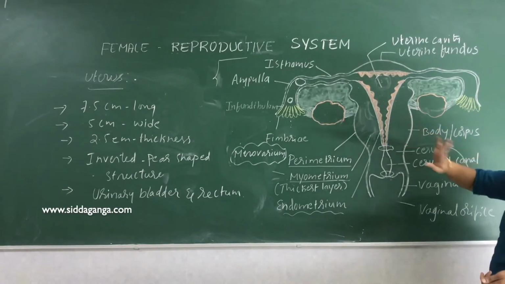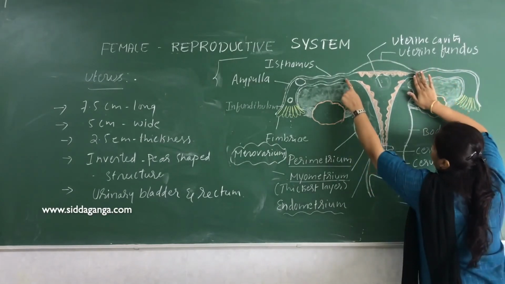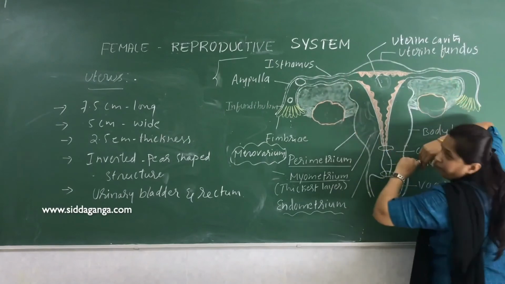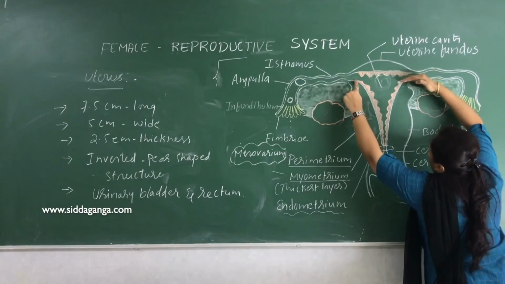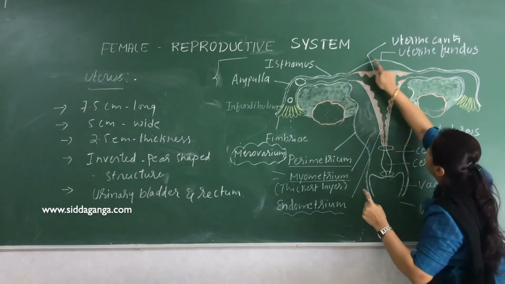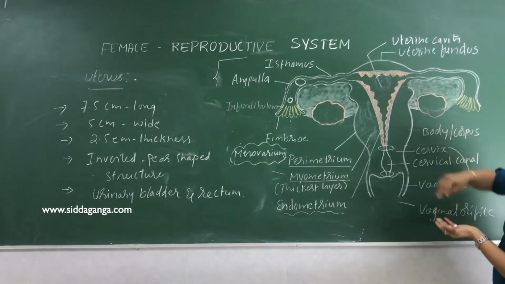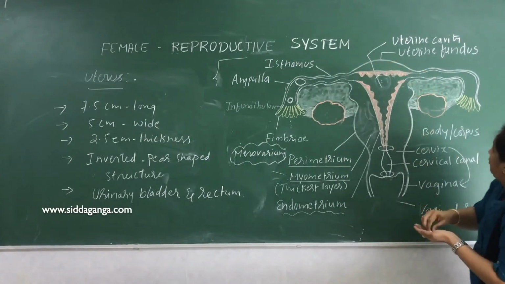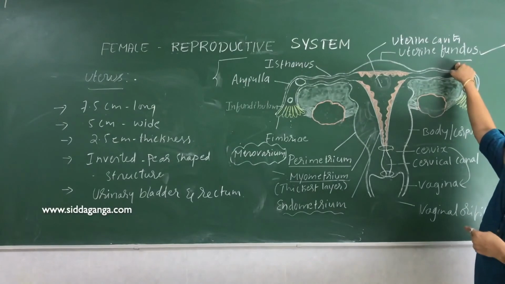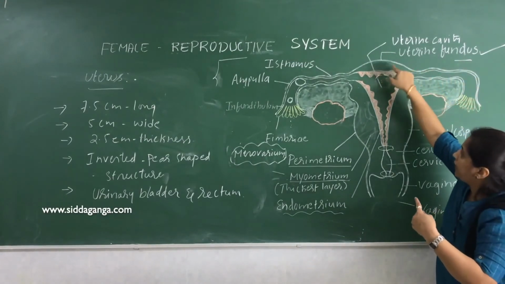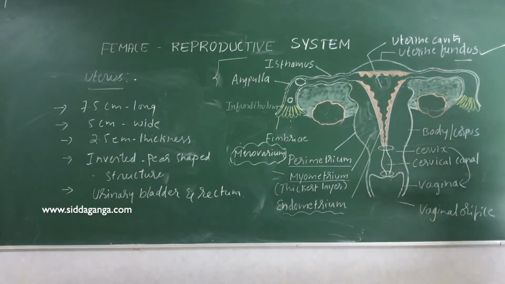Now the uterus also has 3 parts. See this part: the part of the uterus lying above the opening of the fallopian tubes. The 2 fallopian tubes open here. This dome-shaped structure, present above the opening of the fallopian tube, is called the fundus.